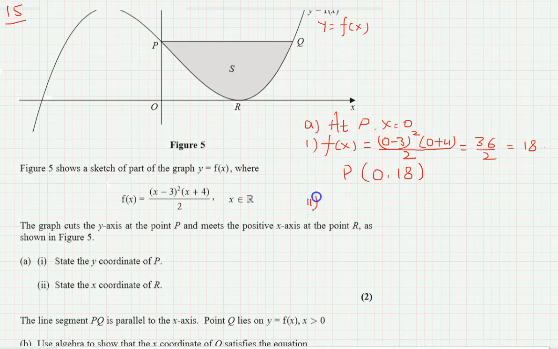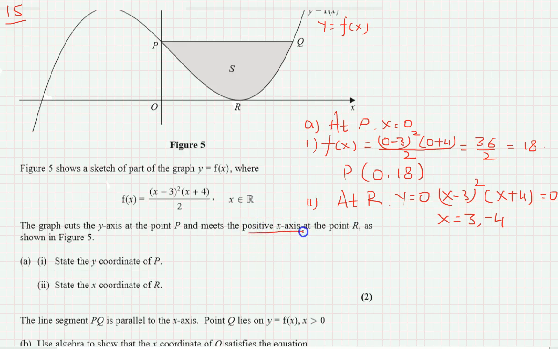Second part is at R. R is on the x-axis, so y is 0. So y is equal to 0. It means (x minus 3) squared and (x plus 4) is equal to 0. So x will be 3 and negative 4.